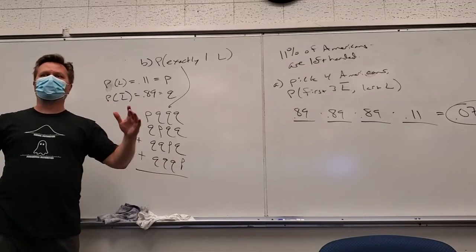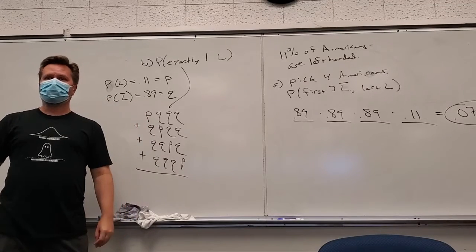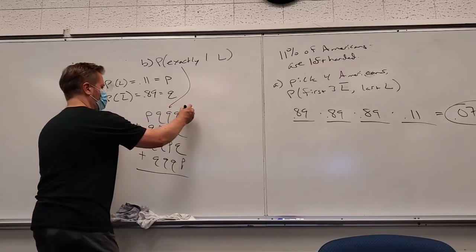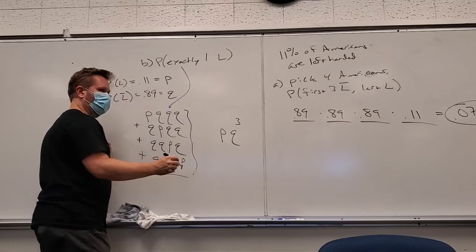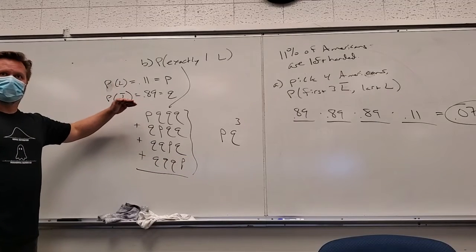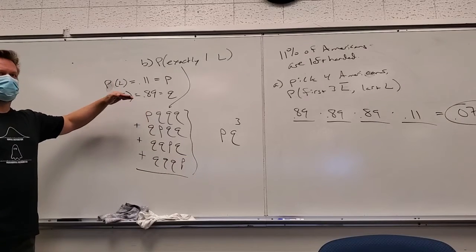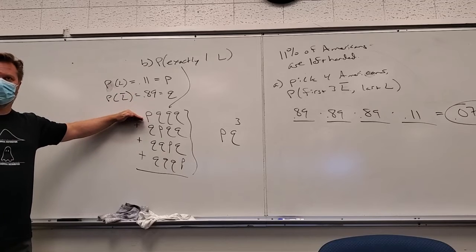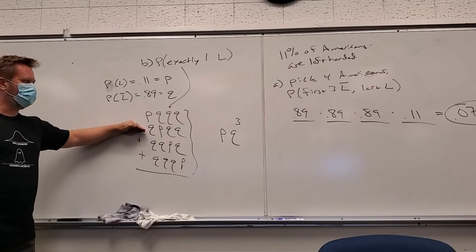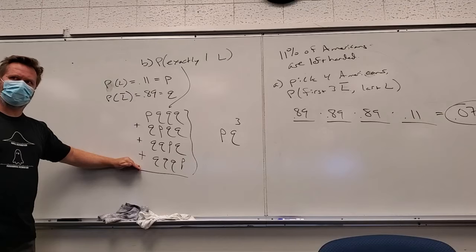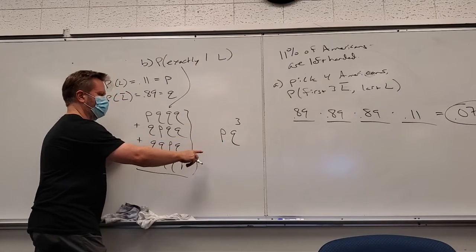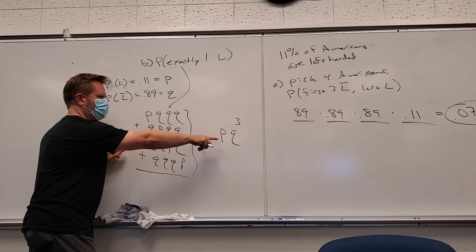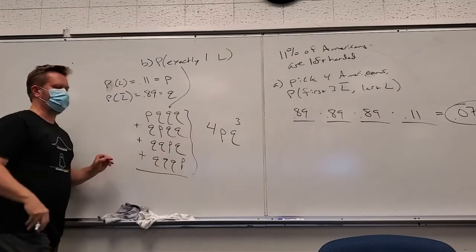What's a better way to write q times q times q? Q to the third power. So all of these are p q cubed. Plus p q cubed, plus p q cubed, plus p q cubed. How many p q cubeds? 4.